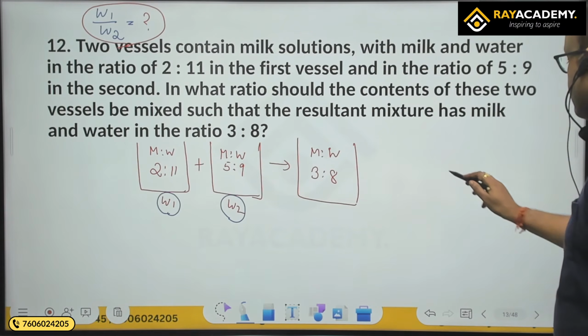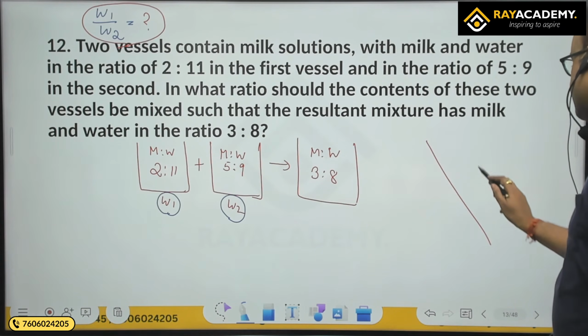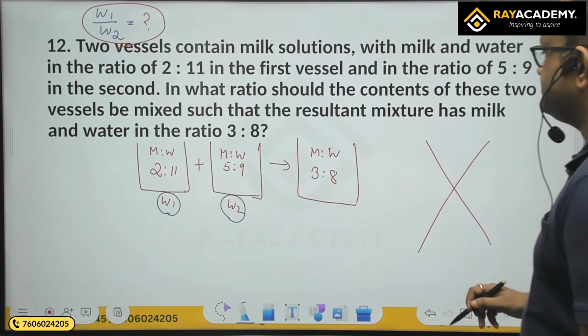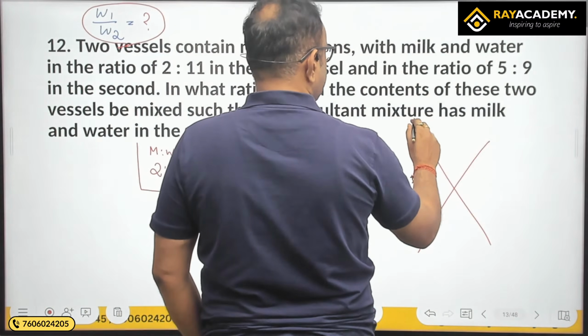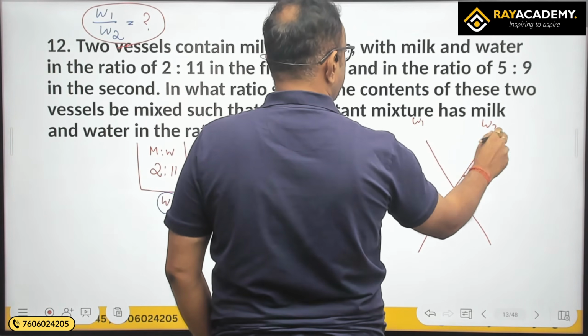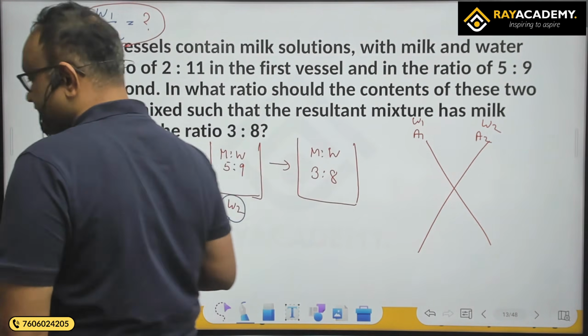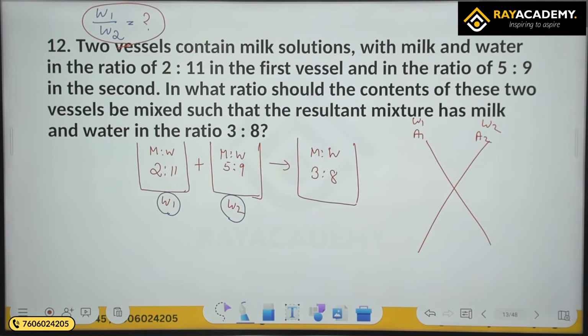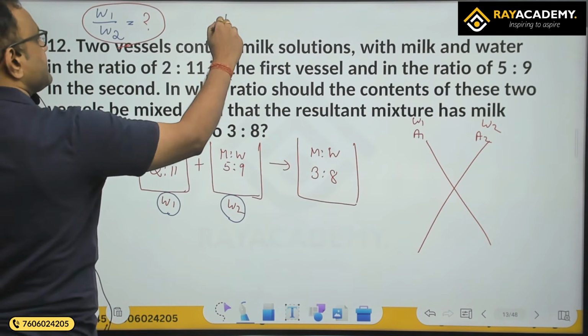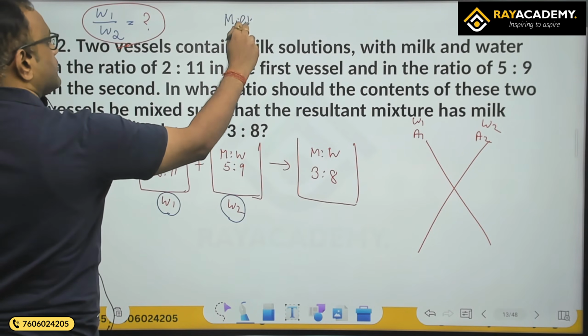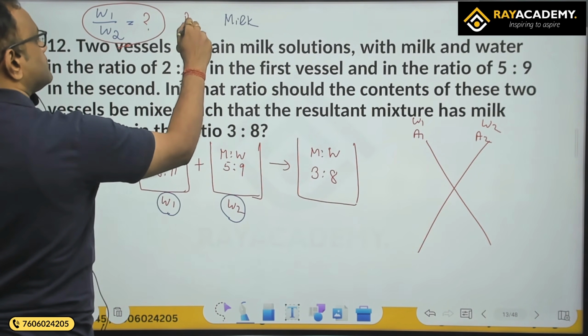Okay, so if we plot the alligation mixture, this is W1, this is W2. What is A1 here and what is A2 here? A1 means it has to be an average, or a certain percentage or something. So we can solve this question by taking the proportion of milk only.